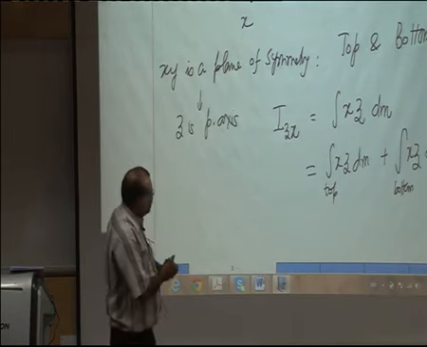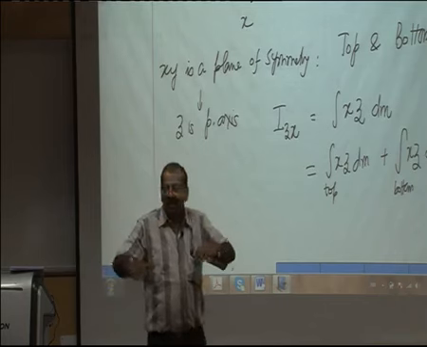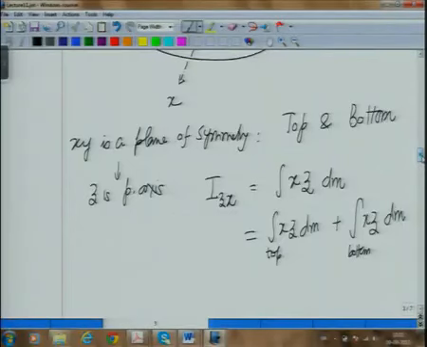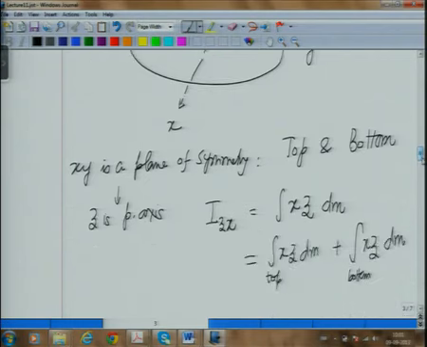Similarly, when I look at Iyz, I will get the same thing. For every y location, I will have a z and a minus z, which, because they take opposite algebraic signs for the same y, when I sum it up, I will get 0. So when I divide it into top and bottom like this, I get z is a principal axis. So Ixz or Izx is equal to 0.